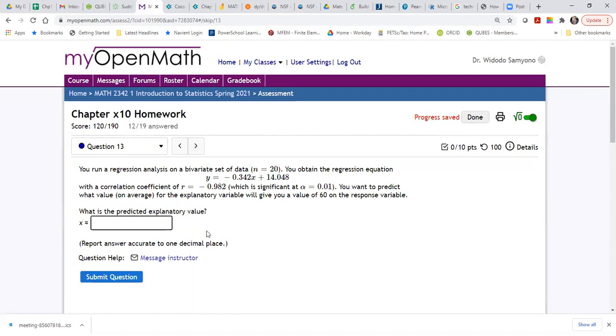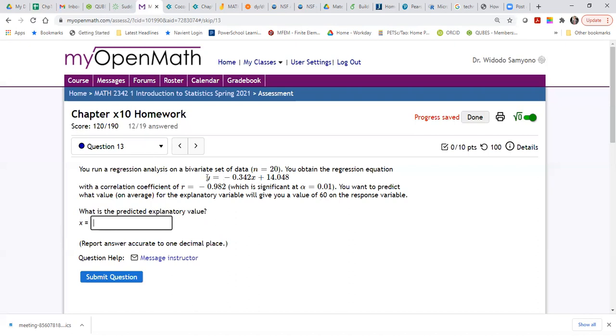Okay, so this one is a little bit different. In this case, you need to find what is the x if you know the y here. Because 60 is the response variable, or the y. You need to solve this equation for x, right?